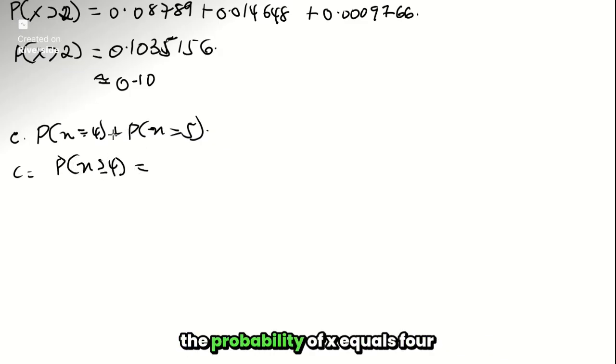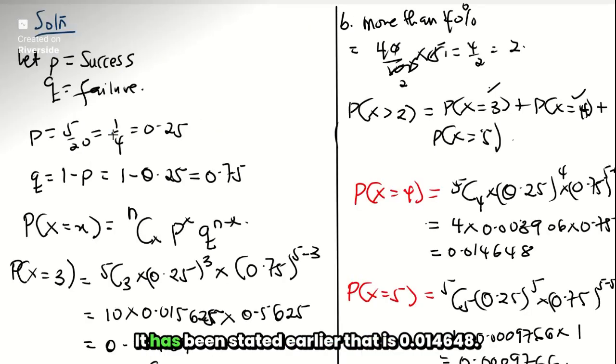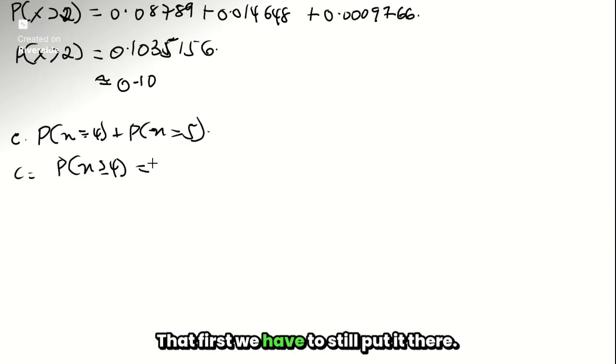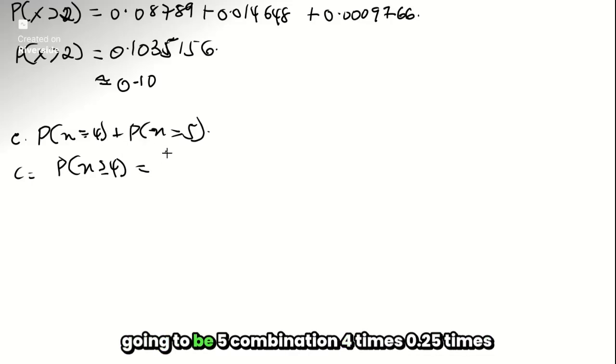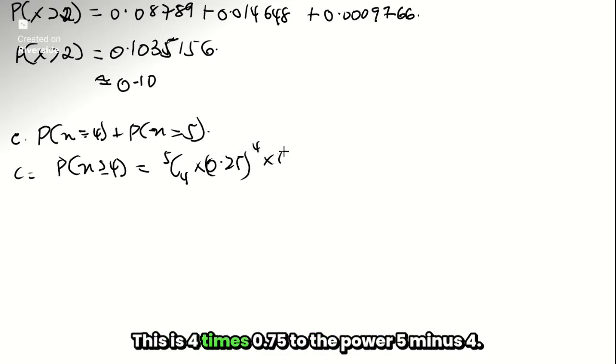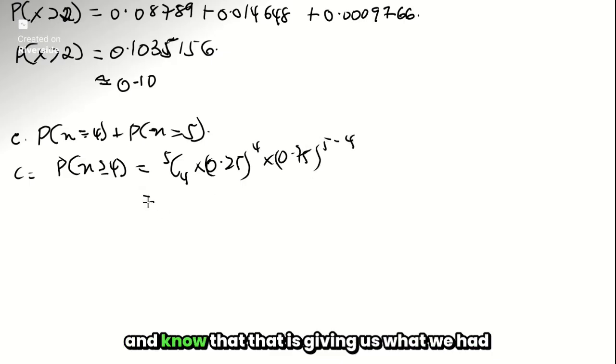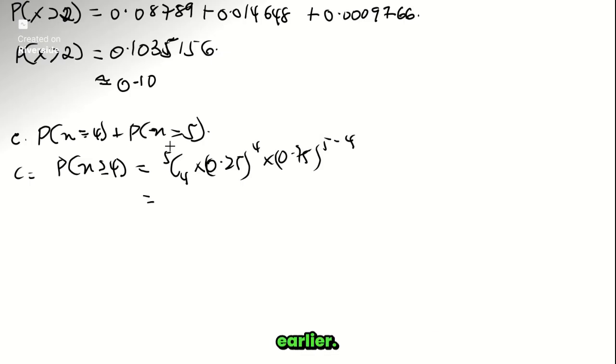The probability of X equals 4 is 5 combination 4 times 0.25 to the power 4 times 0.75 to the power 5 minus 4, and we know that gives us what we had earlier.